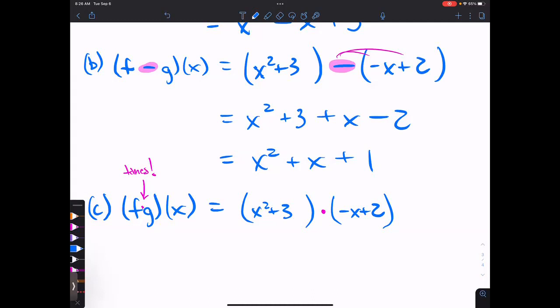Yeah, you've got to do a bunch of distribution, right? It's a binomial expansion. You've got a thing with two terms in it times another thing with two terms in it. To multiply those, you've got to make sure everything hits everything else. Or FOIL, if you want to think about it that way. Distribute this to both and this to both.